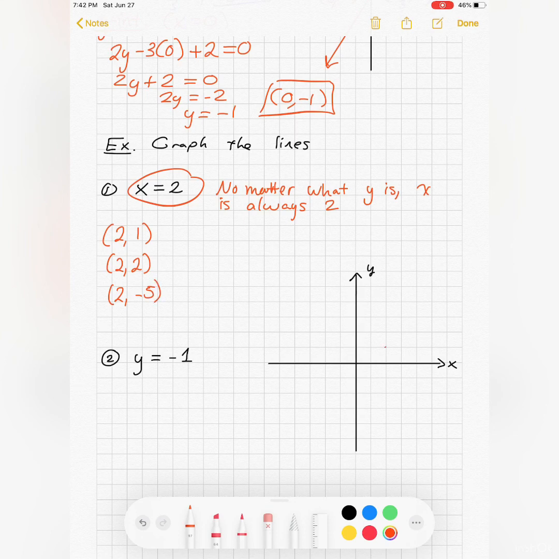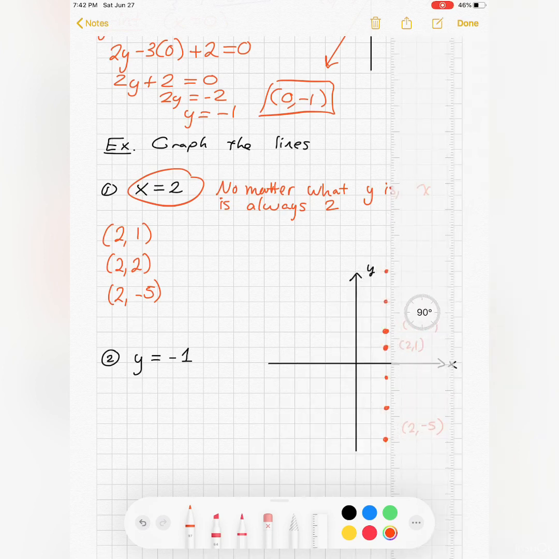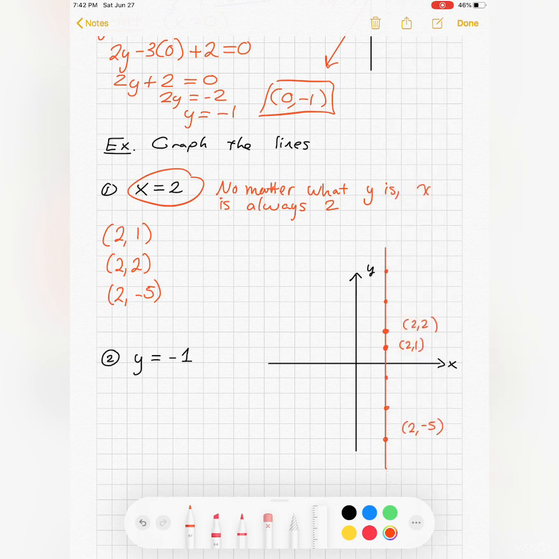So look, here's 2, 1. Here's 2, 2. Here's 2, negative 5. So look at the line I'm going to get. So this is a special line. This guy's called a vertical line.